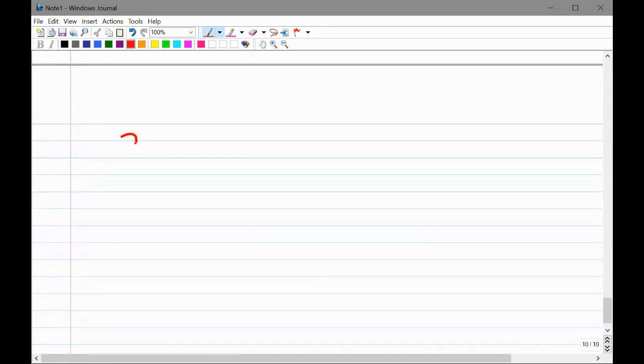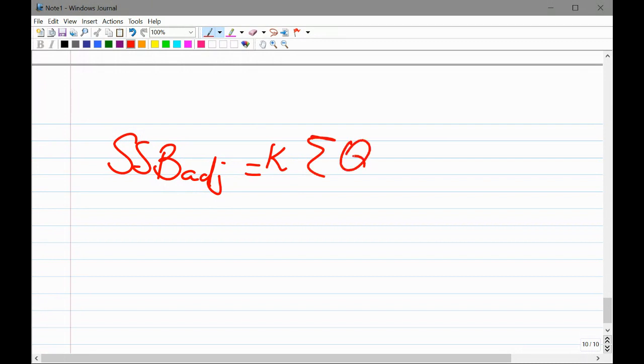So it means, with the Qs you have found, you need the formula that I gave you for finding the SSB adjusted, which is given by k summation of Q, I prefer writing a star there, divided by lambda t.